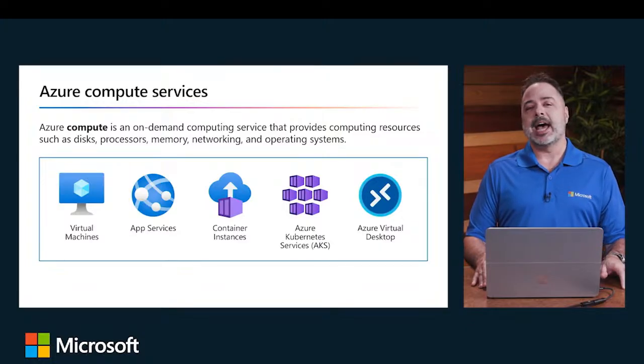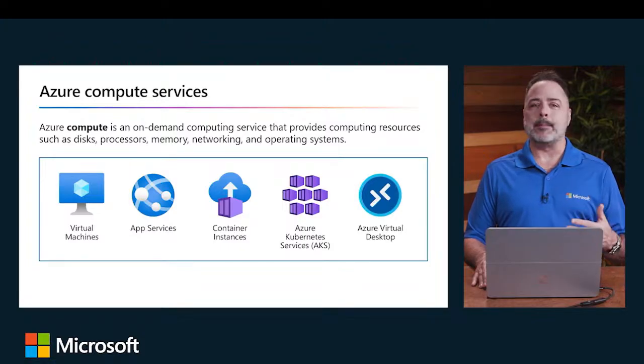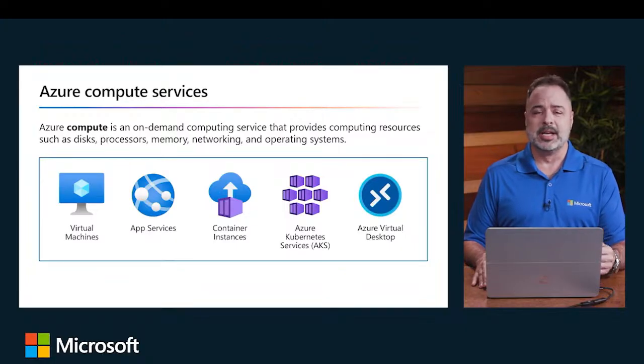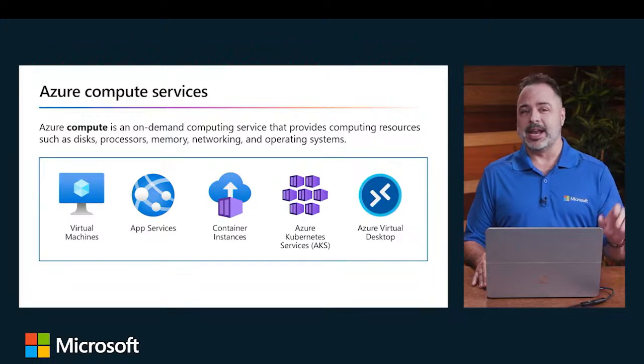And lastly, Azure Virtual Desktop offers a desktop and app virtualization service. It allows you to deliver a full Windows experience to users, providing secure and remote access to applications and desktops from any device, while hosting the underlying compute, all within Azure.